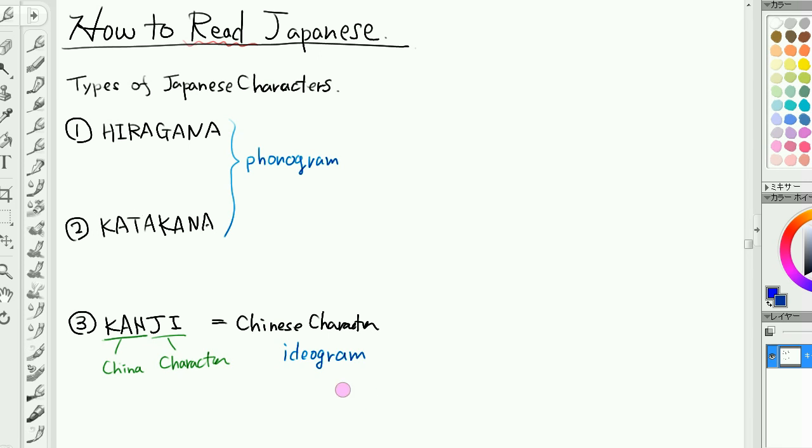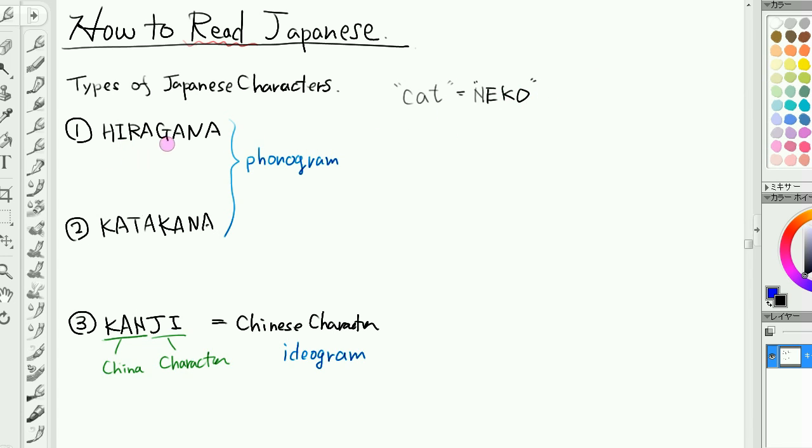Okay, so I'm going to give you an example. Let's write, for example, cat. Let's write cat in Japanese. In Japanese, we say neko. So how do we write neko in Japanese?